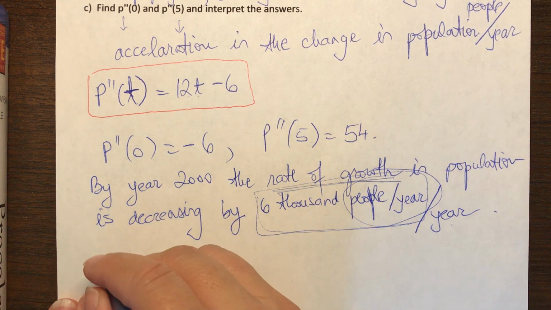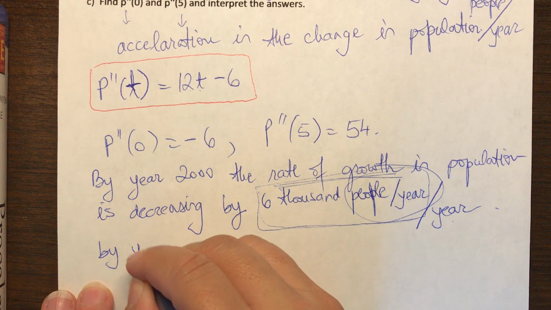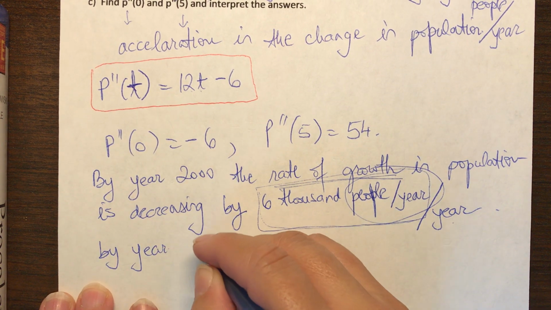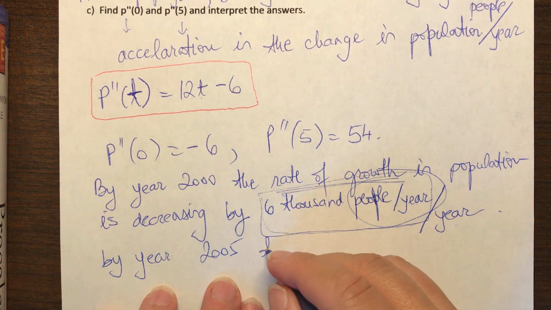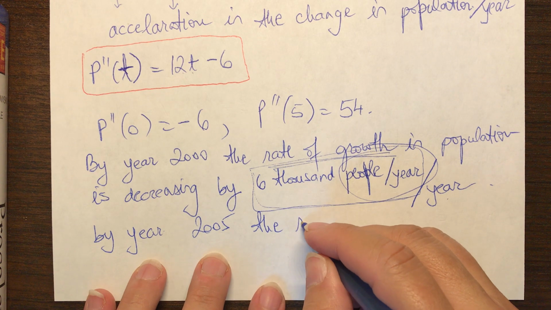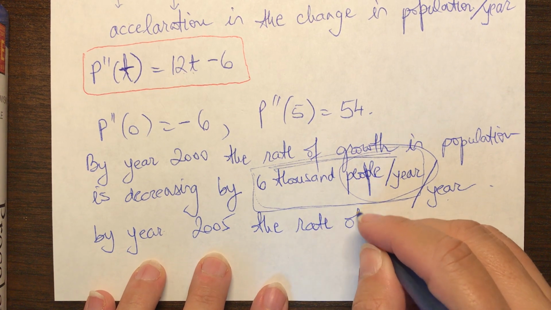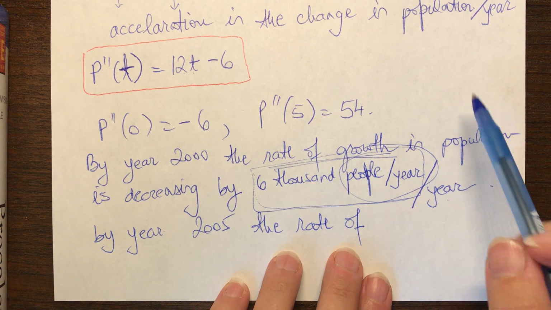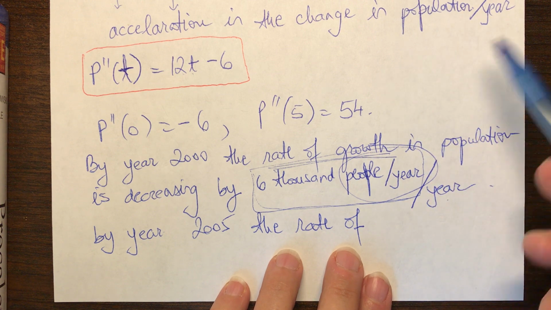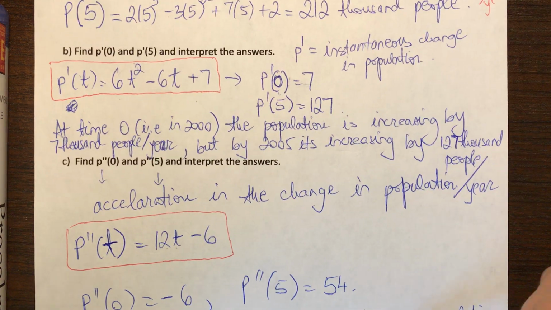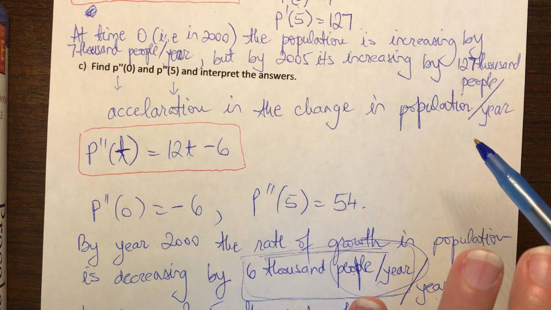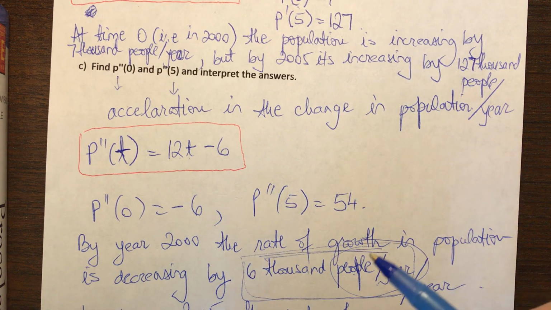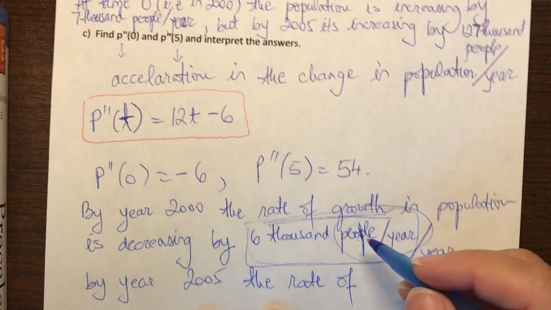And then by year 2005, what's happening to that rate of growth? It's picked back up. So not only is the population increasing, but it's increasing faster and faster. It doesn't mean that the population's not increasing. It's just not increasing as fast. It is increasing, but slower than initially.